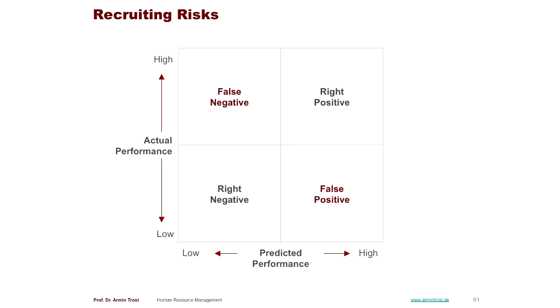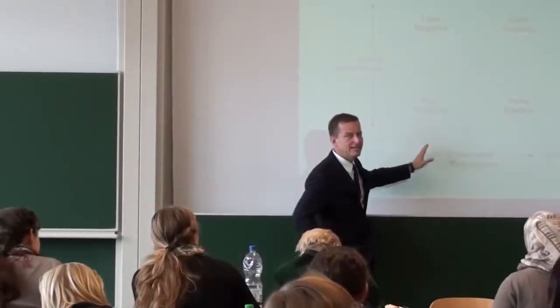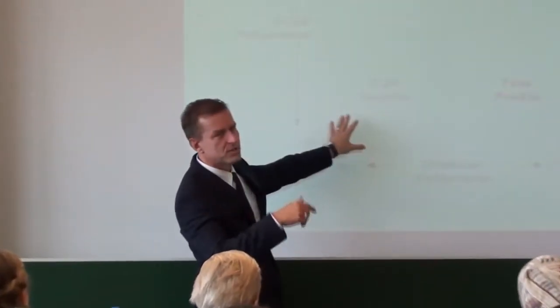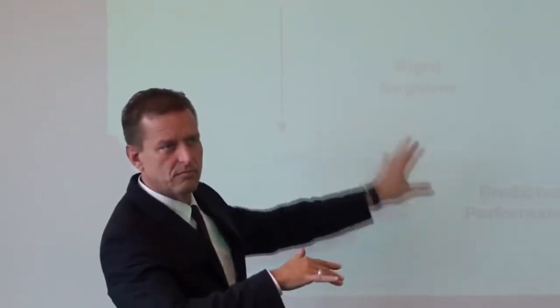One year later, once I have hired you, I will know whether you have performed well or not. So this is the truth, the actual performance. We have 4 situations where we can end up. One is that I say I don't think you will perform well, so I reject you, and indeed, if I had hired you, performance would have been low.